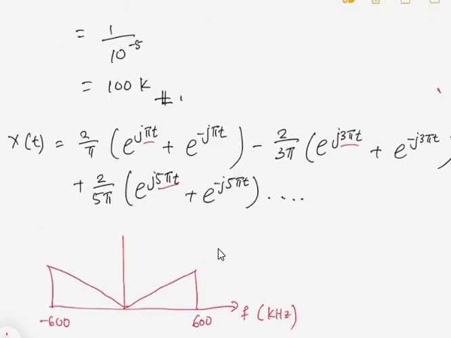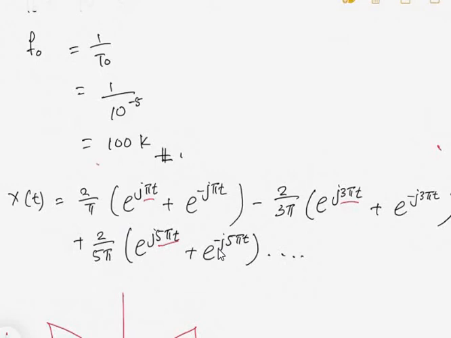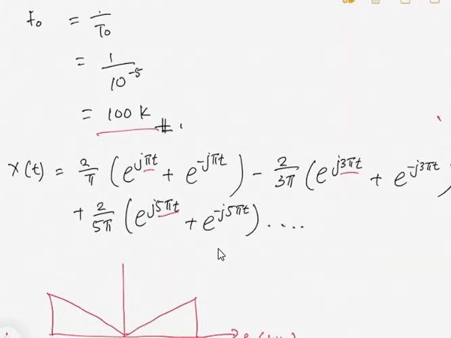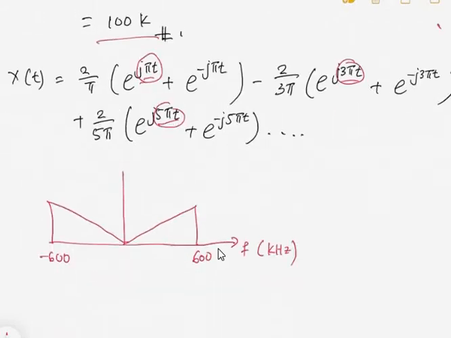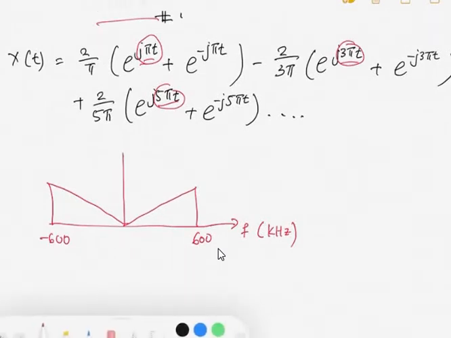So now 1 F naught is 100 kHz. And then the available signals are 1 omega, 3 omega, and 5 omega, right? So you tap the signal at 1, 3, and 5.